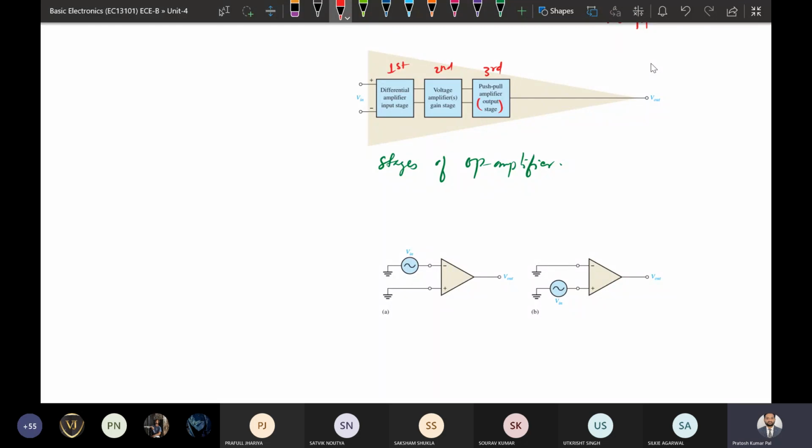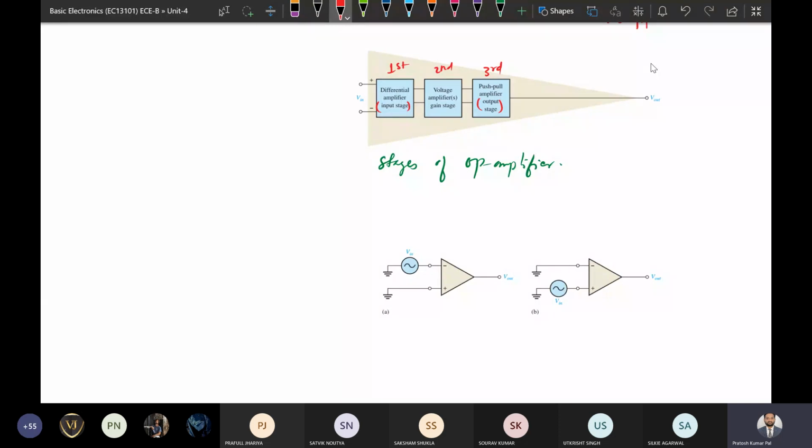The input stage is a differential amplifier, and in the middle we have the voltage amplifier, whose equivalent circuit we have seen. Before that voltage gain amplifier we have a differential amplifier.